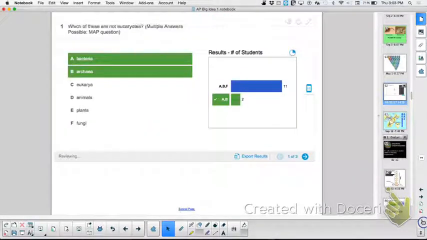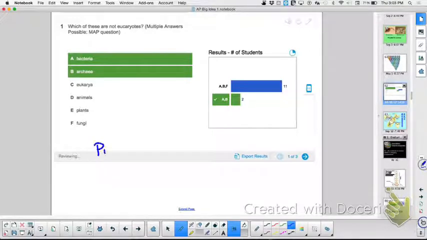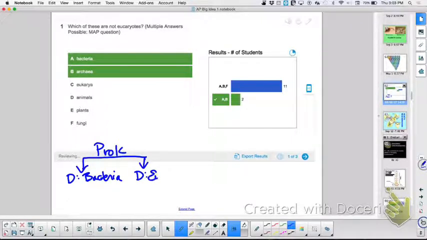Which of these are not eukaryotes? Bacteria and archaea. So fungi is. Yes, it is. So you have prokaryotes, and you have two domains that are prokaryotes: bacteria, and your second domain is archaea.